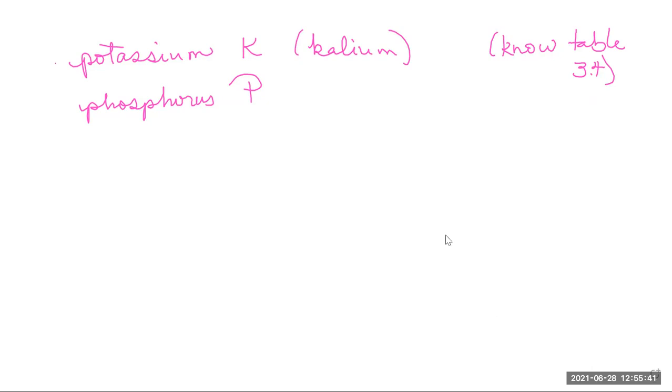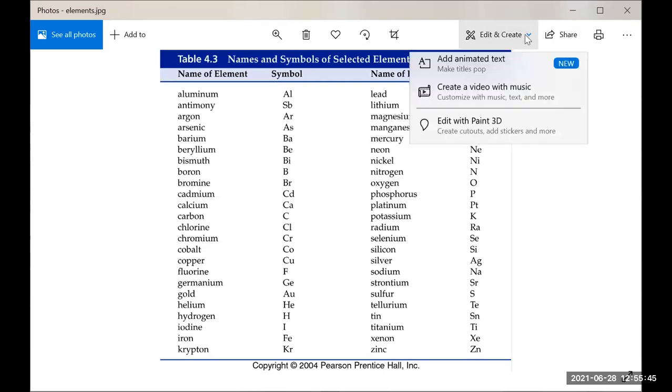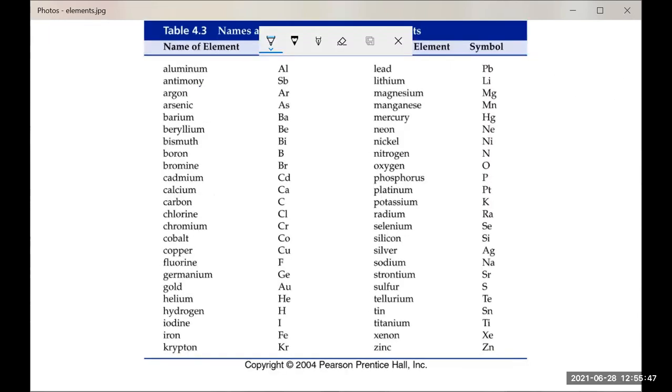All right, so here, what do we have? Aluminum, Al, that's common and not surprising. But look at antimony, it's Sb.